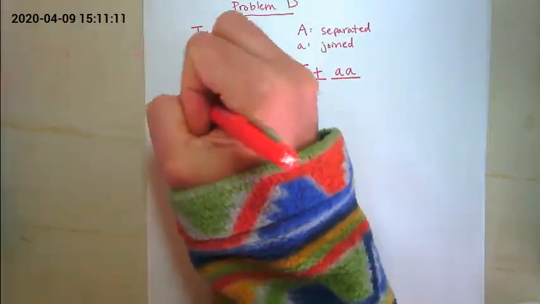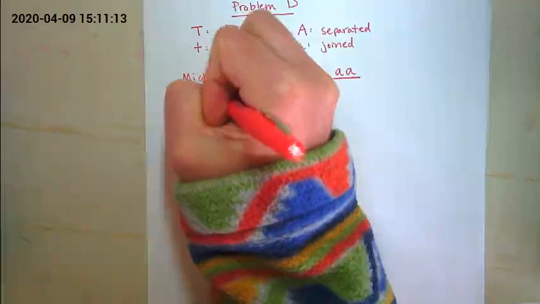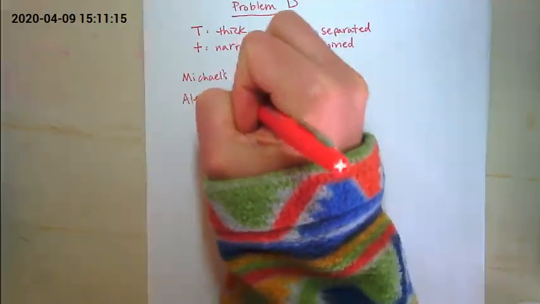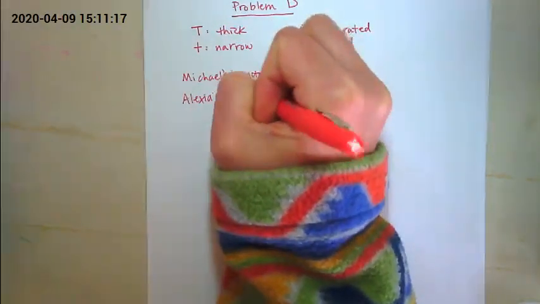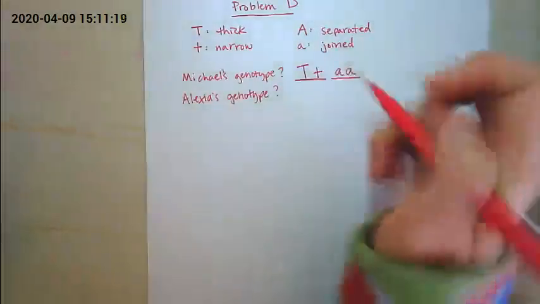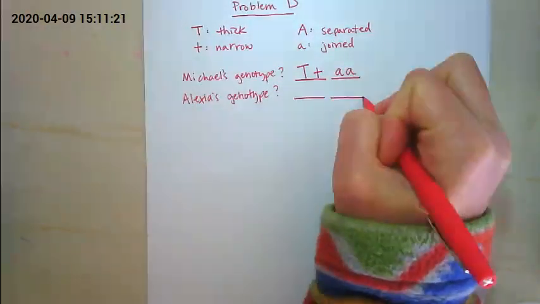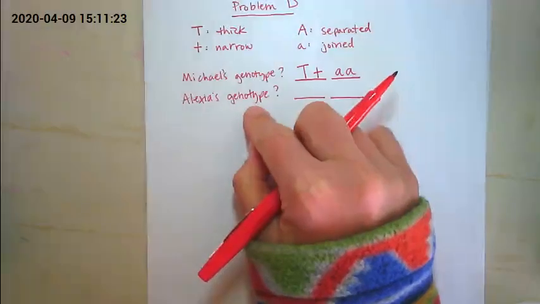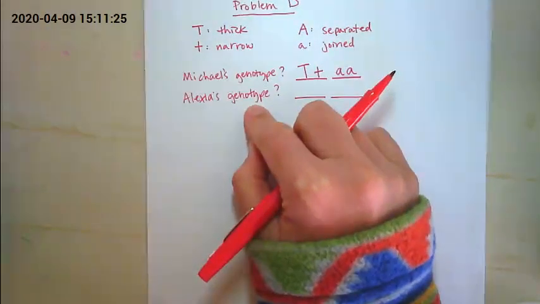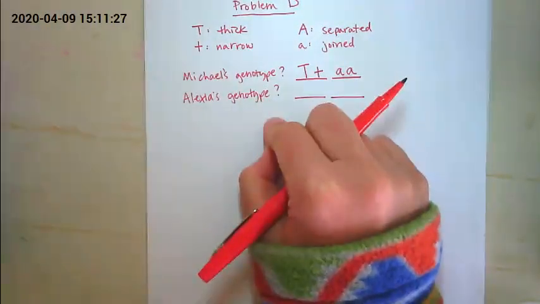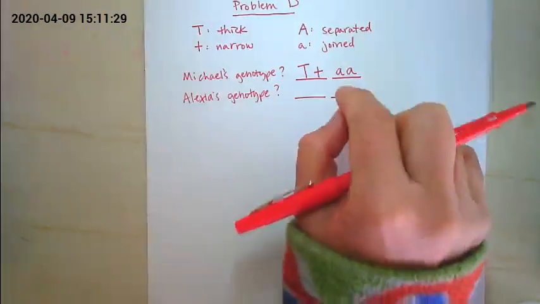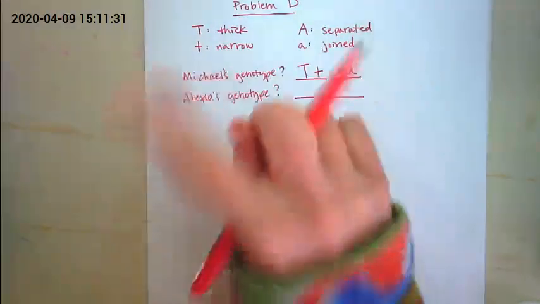All right, we have to do the same thing. We have to think about Alexia's genotype. So we're going to do two different letters again. Alexia, let's read the problem. She has narrow, separated eyebrows, just like his mom.